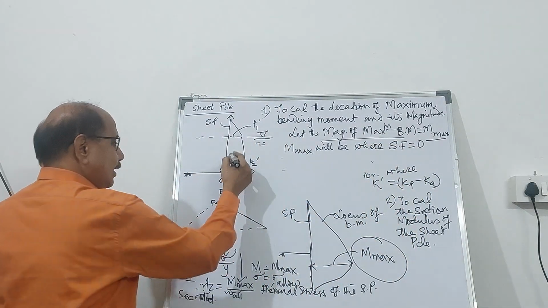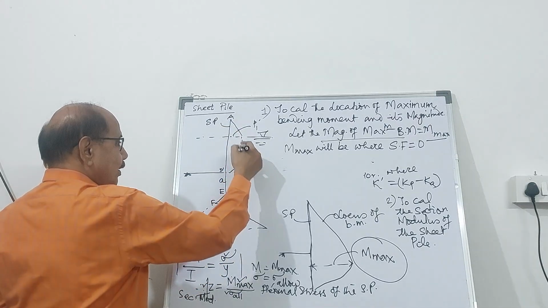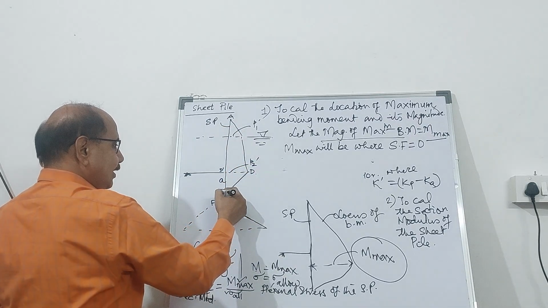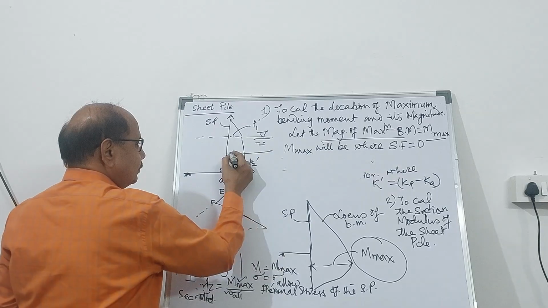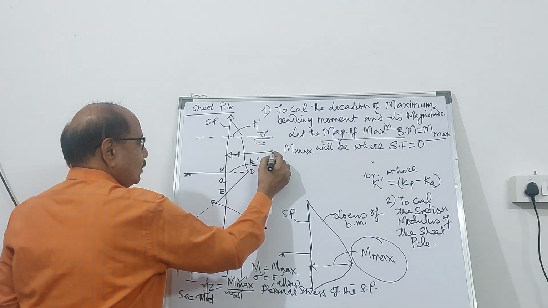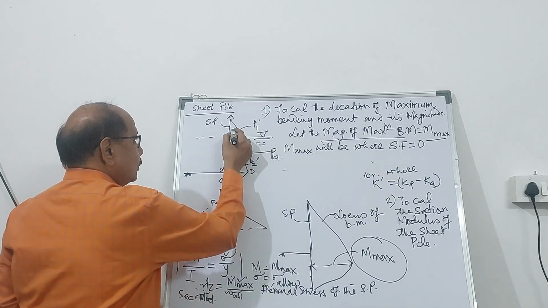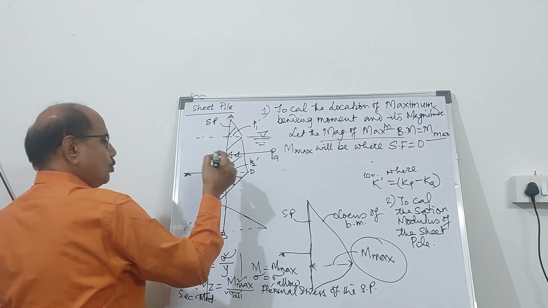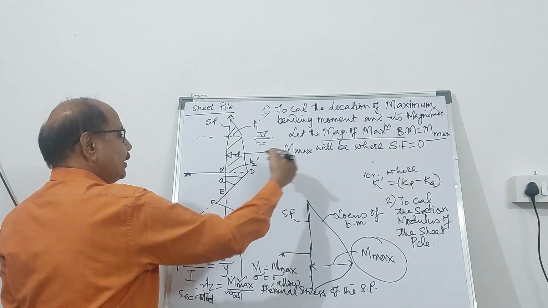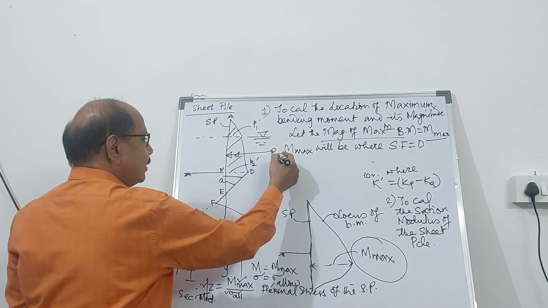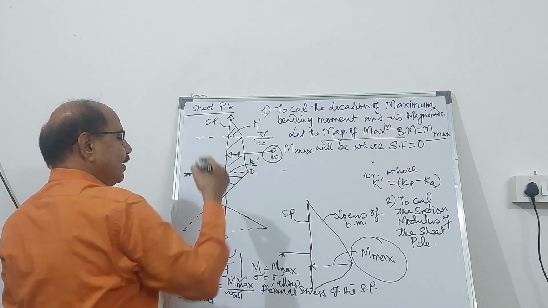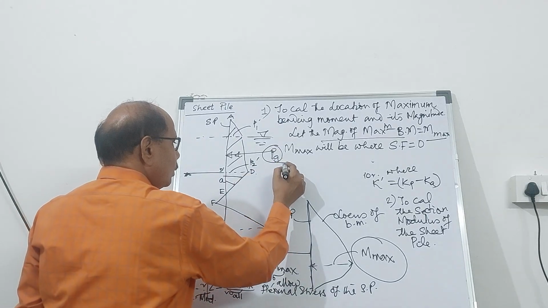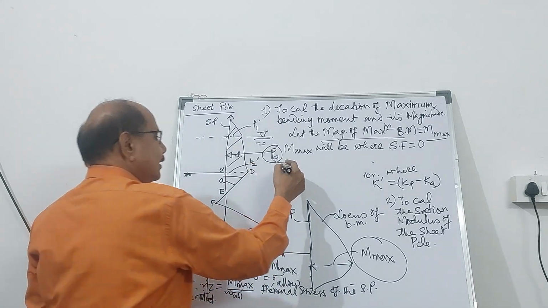So this is the area from A to E, it is the active pressure. So this gives you the area. If you calculate it, this gives you PA. PA is the total active thrust.